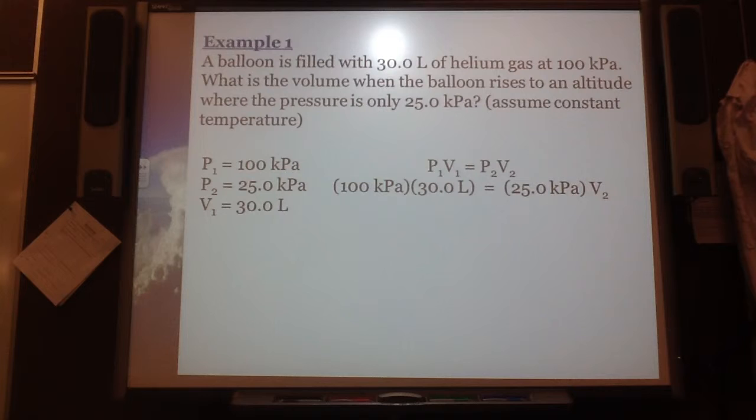So what you have is 100 kPa times 30 liters, all divided by 25 kPa. Now, if you put this into your calculator, make sure your top is in brackets. Put your top in brackets there. And your volume, you should get 120 liters.